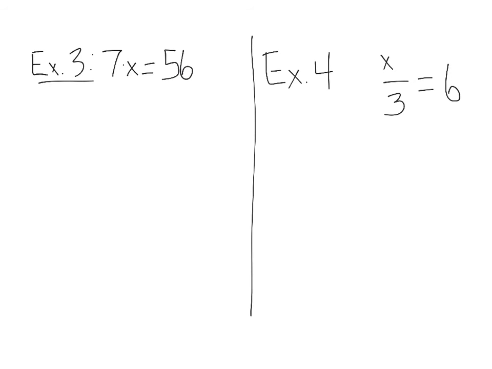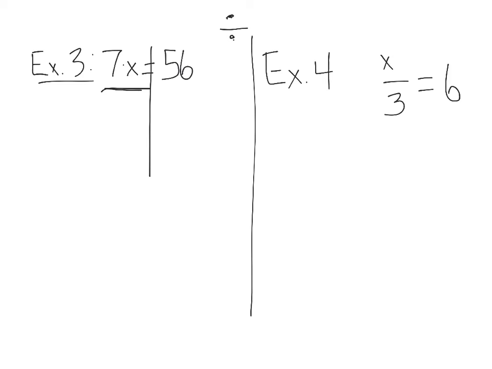But if you didn't, we can undo that multiply 7 by dividing 7, because multiplication and division are inverses. So the opposite of multiplying 7 is going to be dividing 7. And one way we can show division, instead of showing division by this symbol here, sometimes we can just show it by like a fraction bar, because fractions and division are related, and we'll talk about that later on in the year.